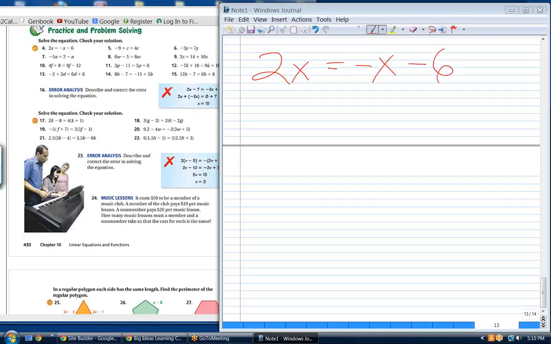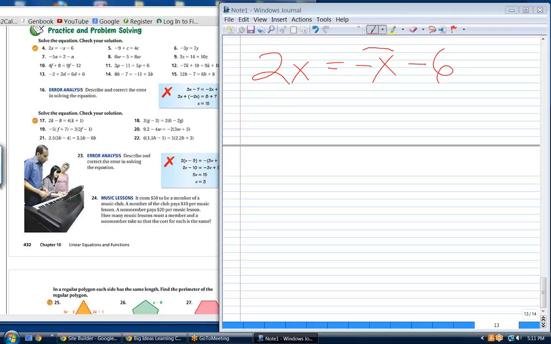Okay, gather all like terms. So, negative 3x minus 6. That's one way to do it, is to move the 2x to the other side.